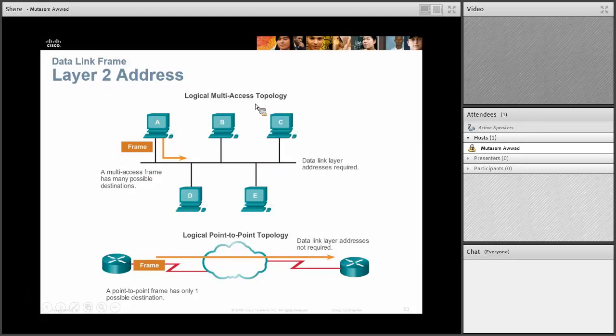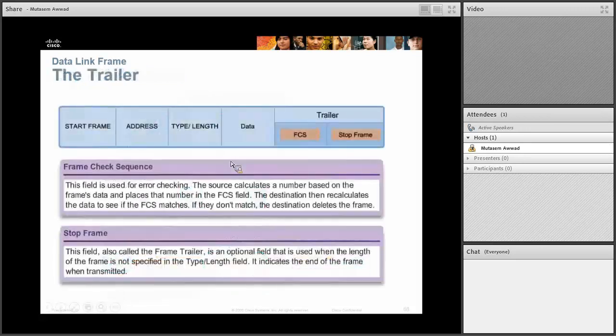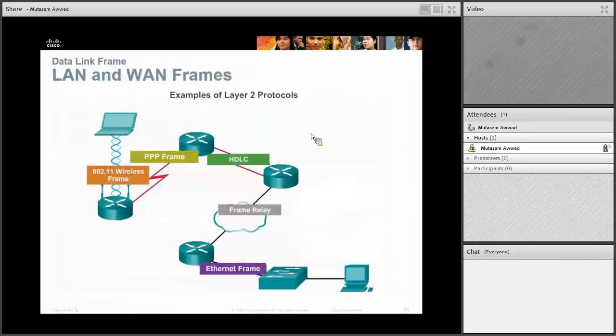Everybody will be examining the destination MAC address of the frame that's coming in, and you accept it if it's yours, and you drop it if it's not. Anything on the back of the packet is called the trailer, and we'll talk about the FCS as we move along in a few minutes.